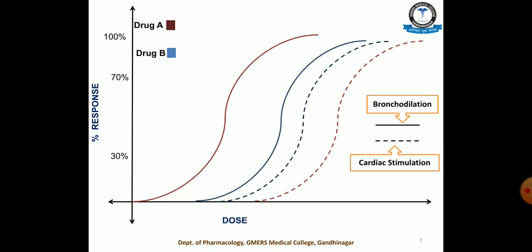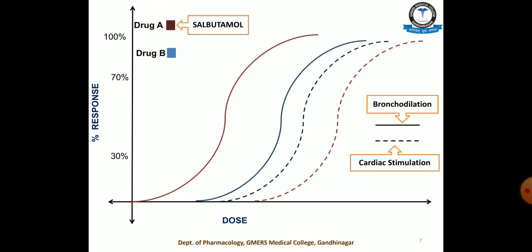And the beta 1 receptors are present on the heart, and they cause increased cardiac contraction and in general cardiac stimulation. So the drug A is selective beta 2 agonist in nature. So it selectively stimulates the beta 2 receptor and produces the bronchodilation, and in very high dose it can stimulate the beta 1 and cause cardiac stimulation. So the probable nature of the drug A is selective beta 2 agonist, and that is salbutamol.